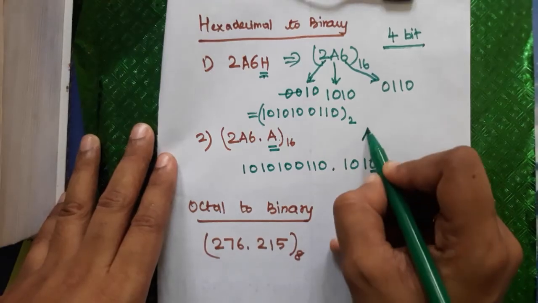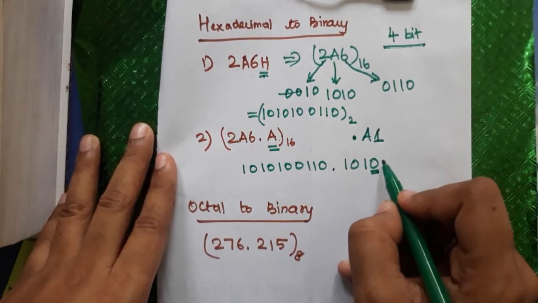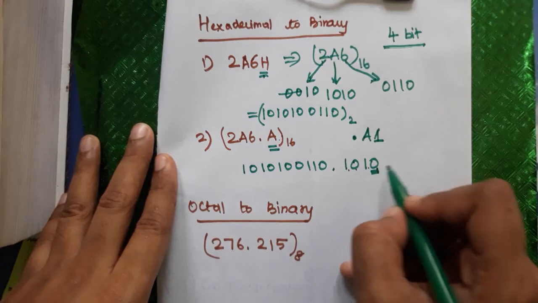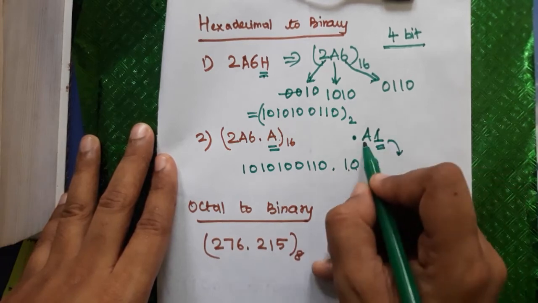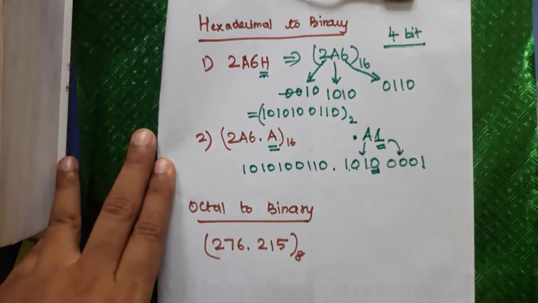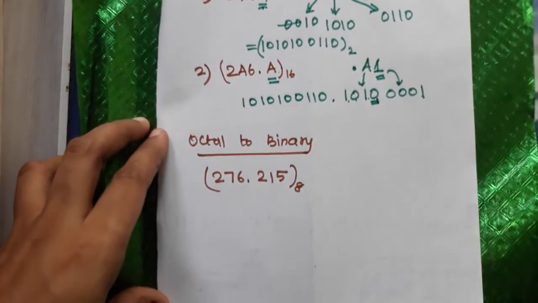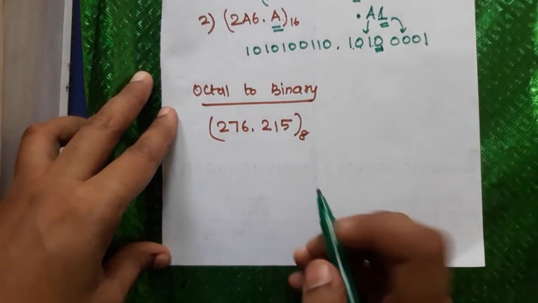In case we have any number like this, dot A1, then I write it as 1010, and this 1 can be written as 0001.